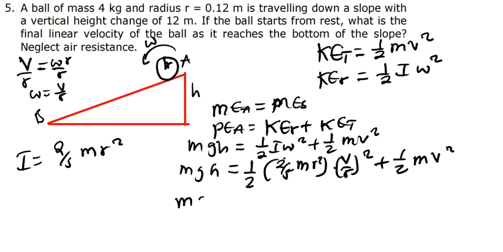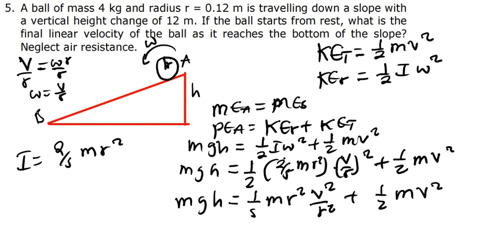I can simplify this: mgh is equal to 1 times 2, so the 2 and 2 can cancel, and that becomes 1 divided by 5. Then I've got m r squared v squared divided by r squared, plus half mv squared. At this point, I can go ahead and cancel the r.